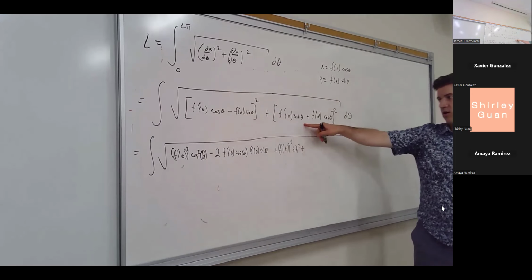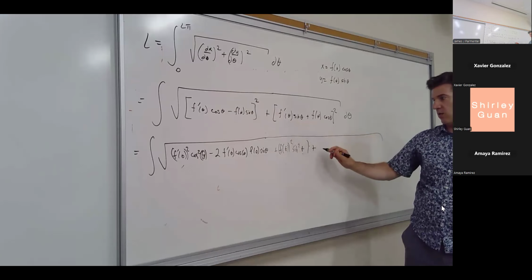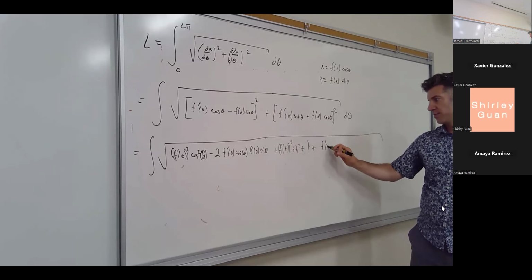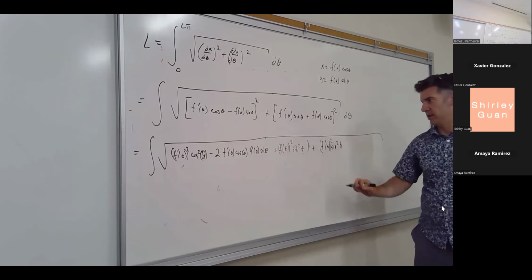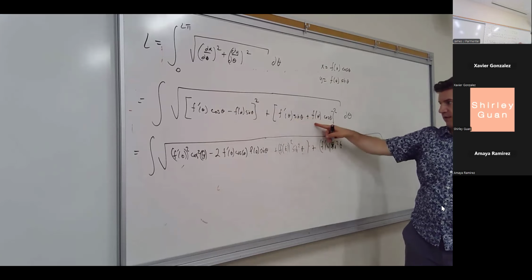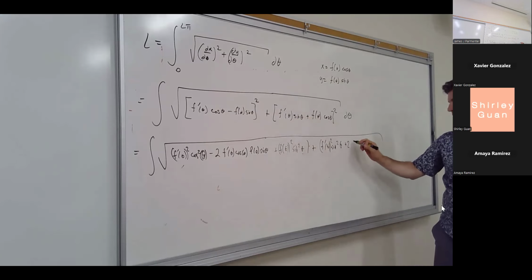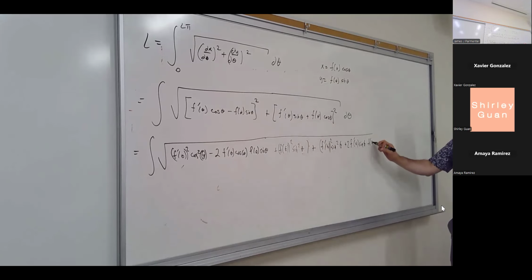And then you're going to get almost the same thing here: f prime squared sine squared, and then 2 times f prime times sine times f times cosine, and then finally f squared times cosine squared.